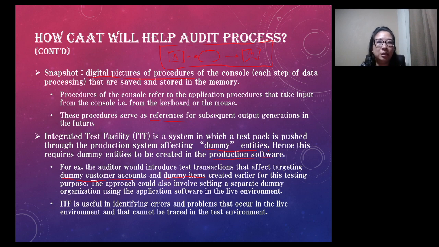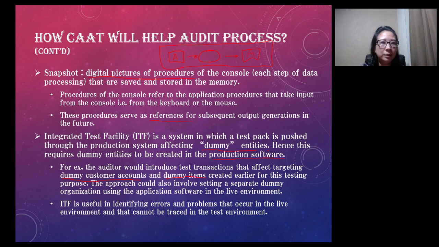Because the testing server usually will not have a connection with the bank, because it's just a testing environment, but the real connection will exist in the production. So that's why, when we want to test something, sometimes we need to go to the production server and do the testing.